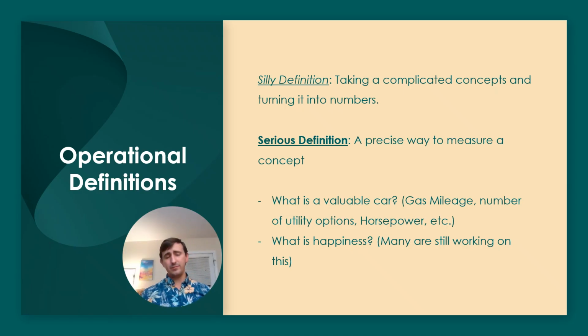It really is that simple sometimes, and it is also much harder to operationally define things in other situations. So if I ask you, do you have a valuable car? Well, we can operationally define that in a lot of different ways. But if I ask you, are you happy? Wow.